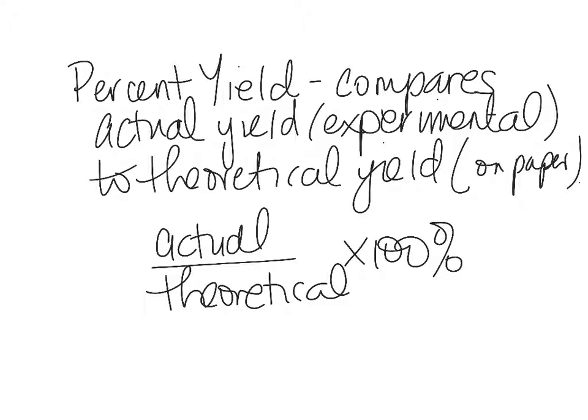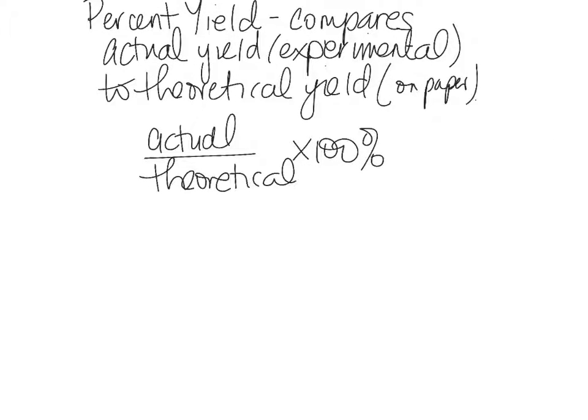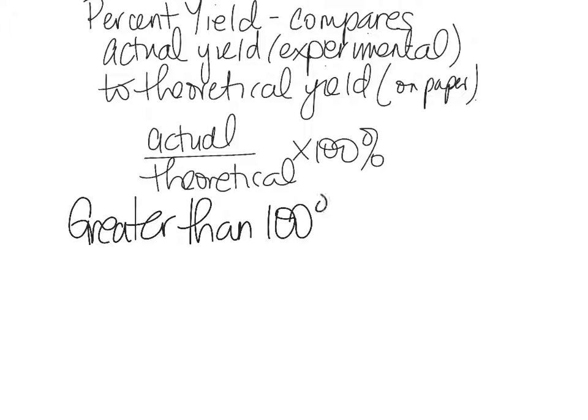So let's take a look at this. What could be a reason for something being you got more than you actually should have got? Braden?